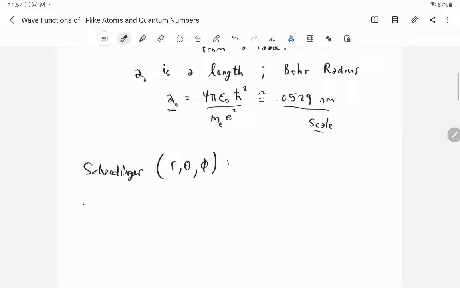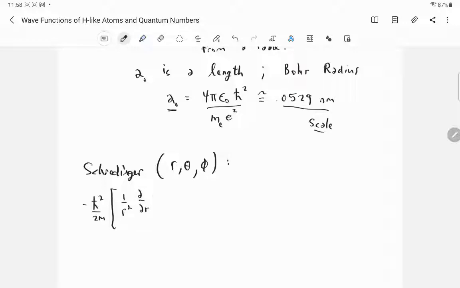It's minus h bar squared over 2m. And then I referred to this operator as the Laplacian operator, and written in spherical polar coordinates, it looked like the following. So I put a big square bracket. It's 1 over r squared, and then d by dr. Excuse me, there's not a square on this derivative.